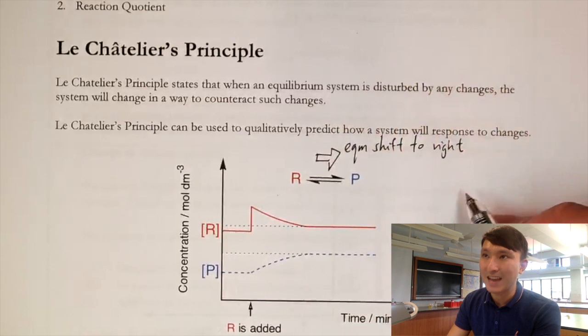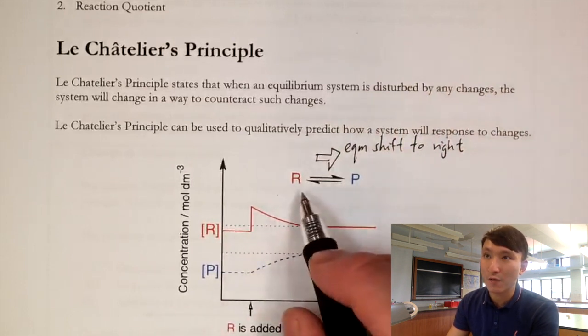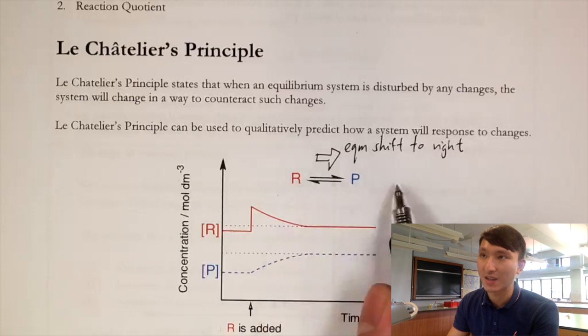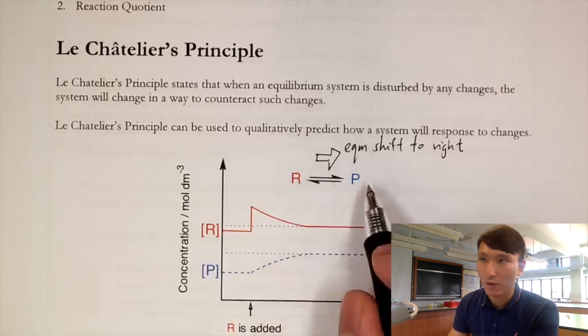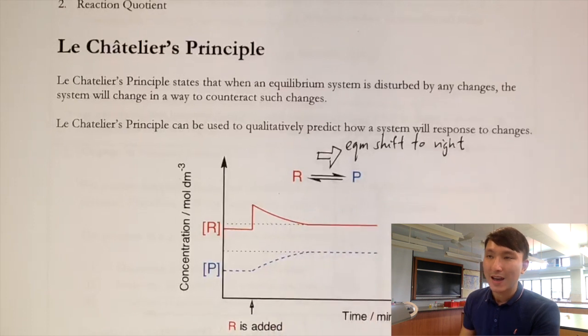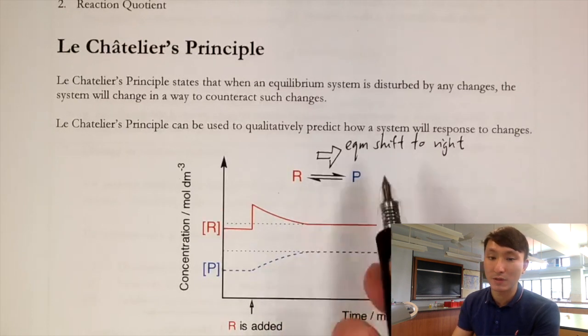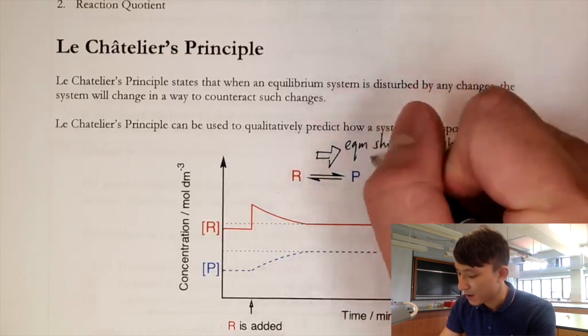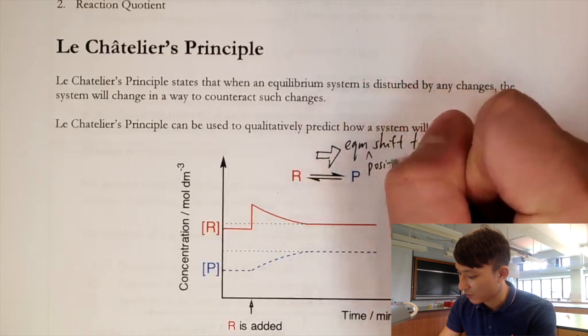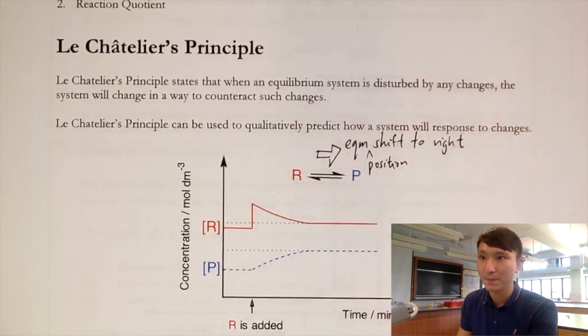That means you will have a faster forward reaction than the backward reaction, resulting in a net forward reaction. And this is how the equilibrium responds. We will say the equilibrium shifts to the right, or the equilibrium position shifts to the right, okay?